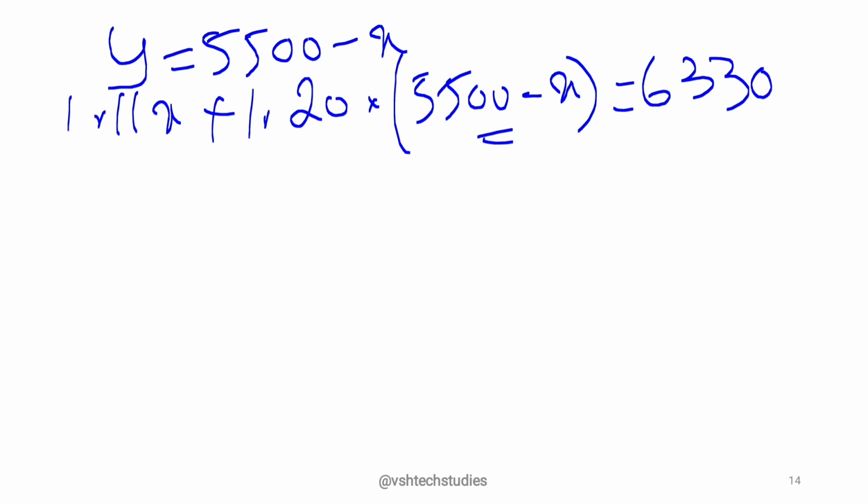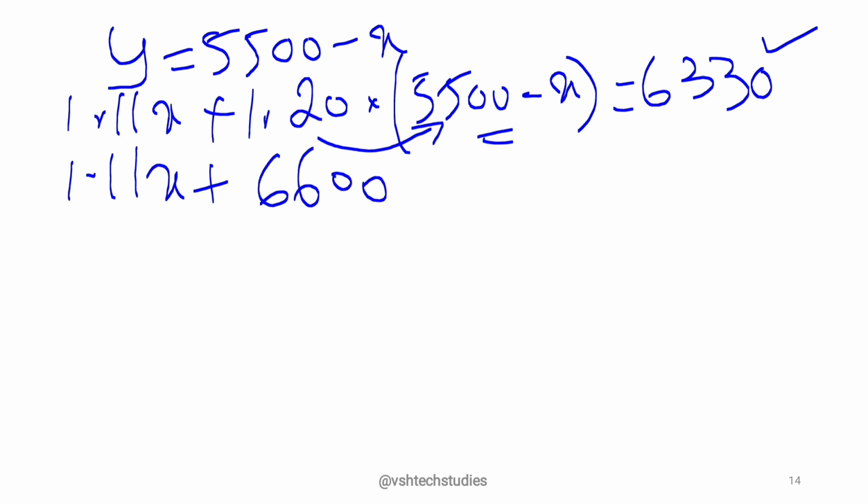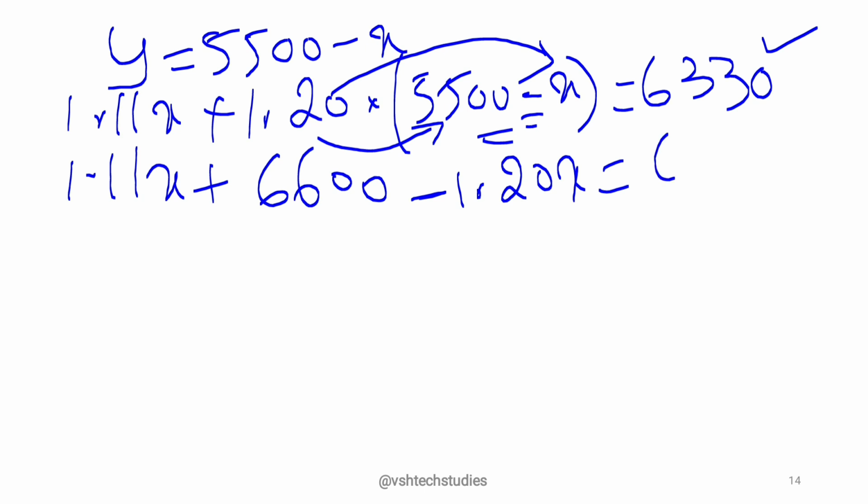Now solving this equation: 1.11x plus 1.20 into 5500, that will be 6600, and minus 1.20 into x, that is 1.20x. So the 6330 as it is.